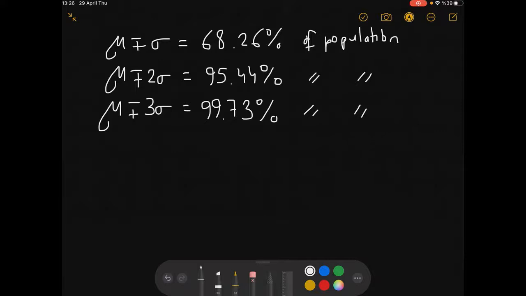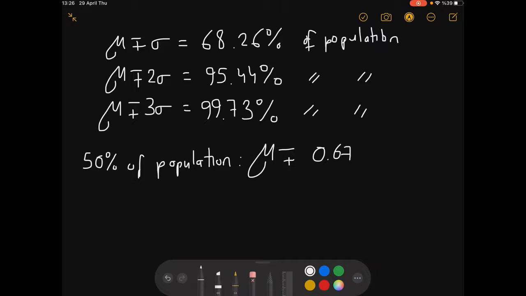You can look at this issue from the other side, like the other side of the coin. If you want to represent 50% of the population, then you need to have mu plus minus this much sigma spread.